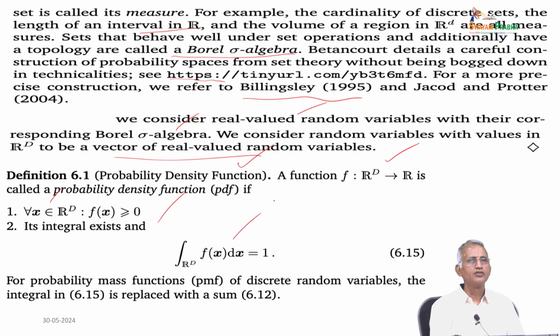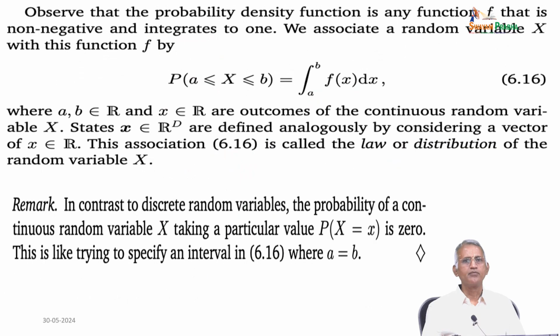For a discrete random variable this is called the probability mass function, and the integral is replaced with a sum. You integrate f of x and the maximum value 1 comes. That is the meaning of the integral over R to the power d: the volume of the region of f of x can be calculated. So, this is the meaning of the probability density function.